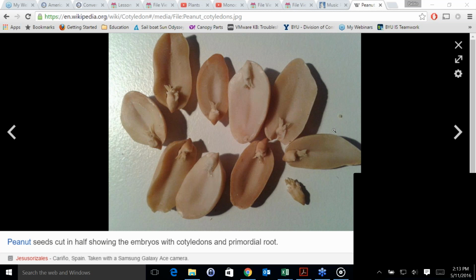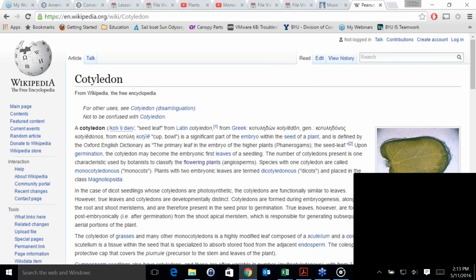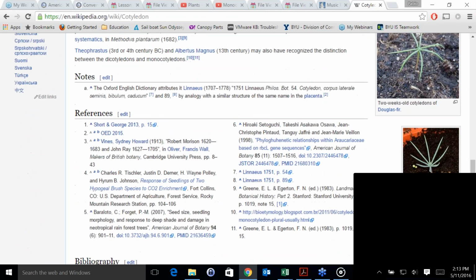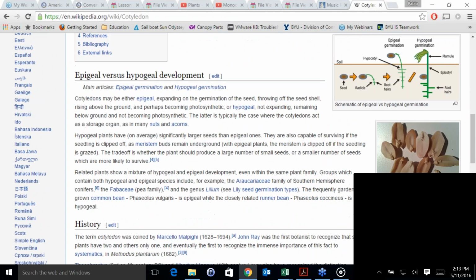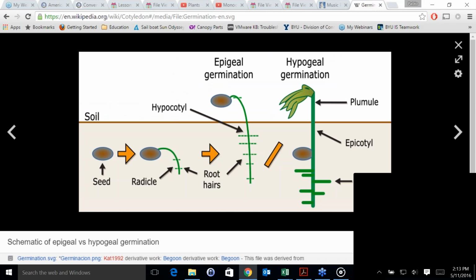So what are some of the seeds that we eat that provide us with nutritional value? Corn, excellent. Yes, Anna says corn. What else? What other seeds are important for our diet?